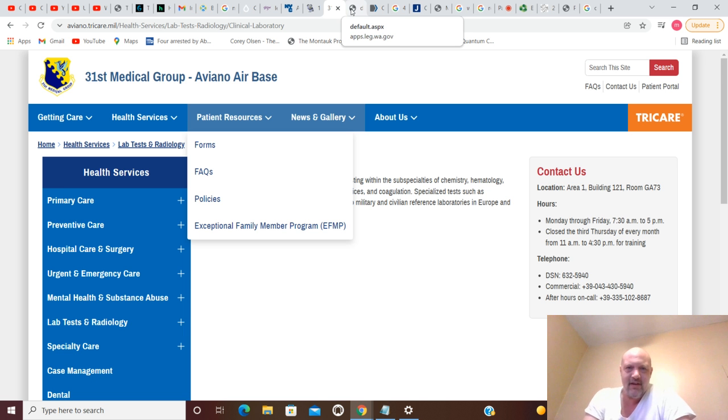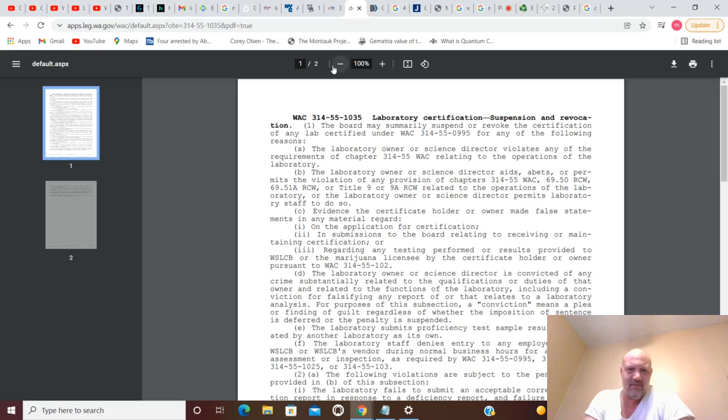shorter now. If we move on from that, you got 314, and WAC 314-55-1035, laboratory certification, suspension, and revocation. So this deals with laboratory certification and suspension and revocation in the state of Washington.